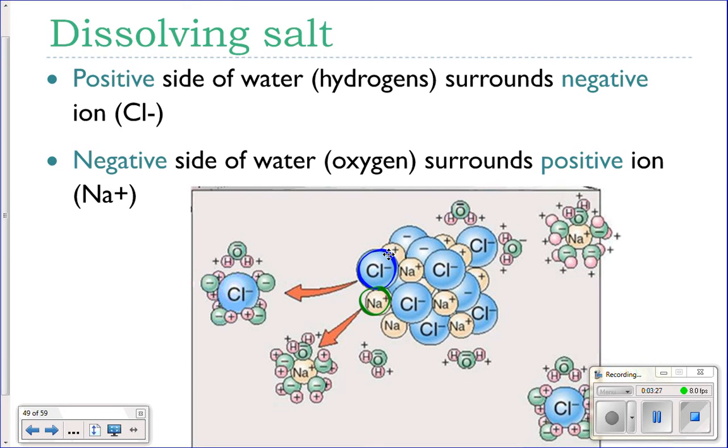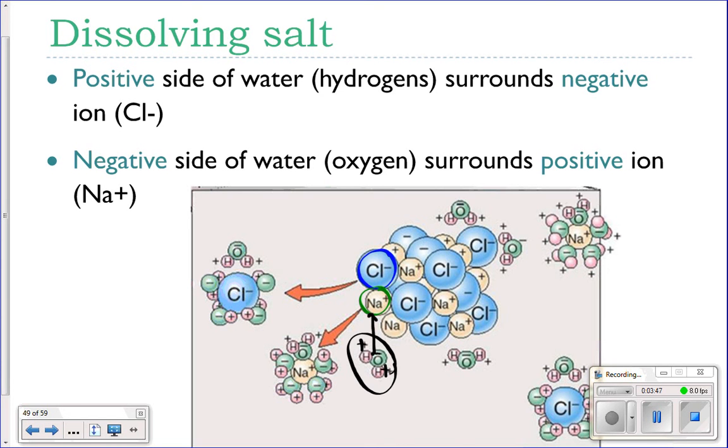Here's our little water molecule down here. Water has a negative side on the oxygen and a positive side for the hydrogens. So the negative side of the oxygen is going to be attracted to the positive side of the salt molecule, which would be the sodium ion.